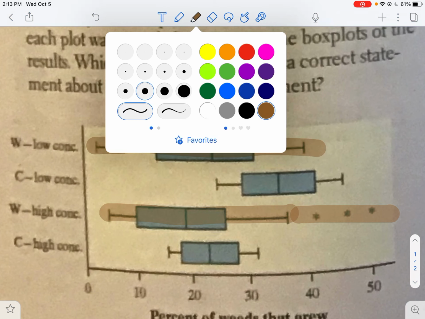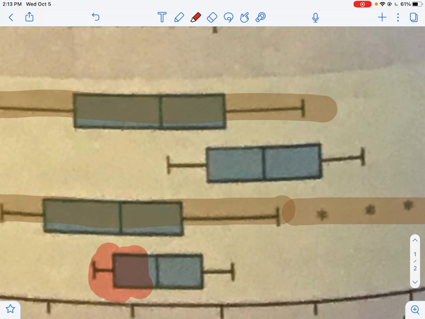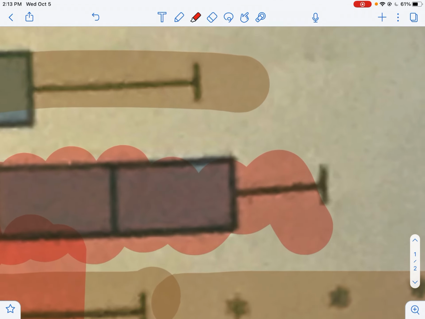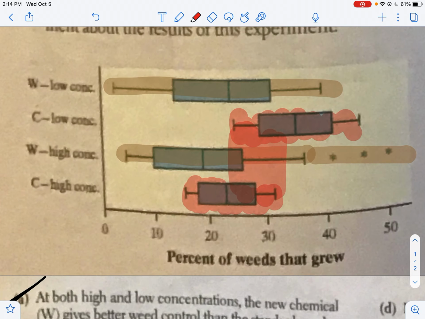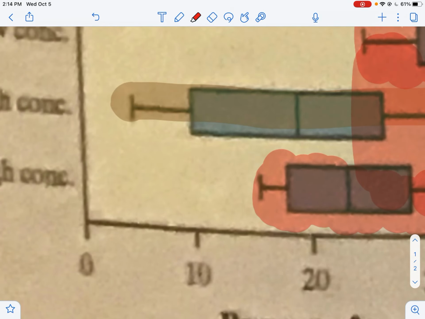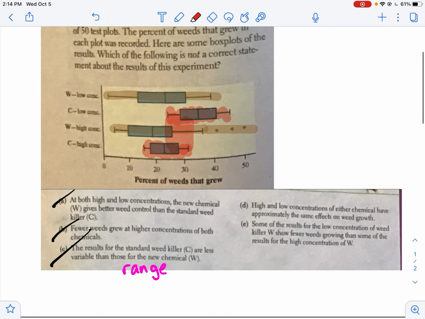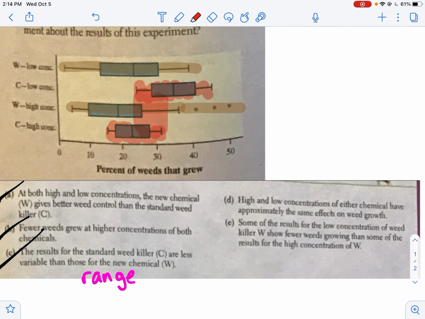But if we look at C specifically, that's the high concentration and that's the low concentration. I'm really not seeing much overlap here. I'm seeing 50% of my data for the low concentration giving me higher percentages, and about 50% of the higher concentration giving me lower percentages. So that's not true. You know what I mean? That's not true.